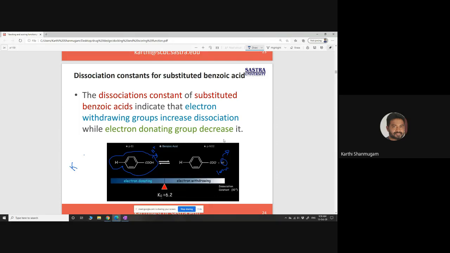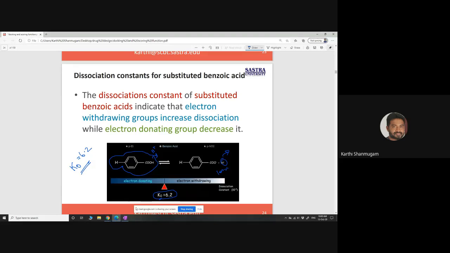The calculated K value for benzoic acid is 6.2. He termed it K0, which means that there is no substitution at any of the hydrogen atoms present in this phenyl ring. So the calculated K0 value, the equilibrium constant, is 6.2. That is the first experiment he did.